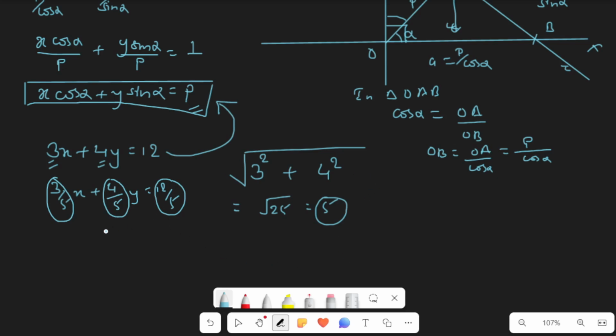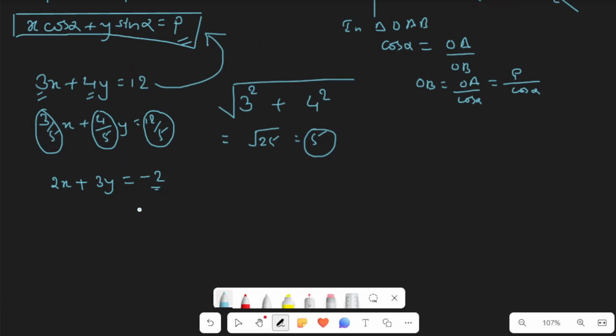Now, let's say, what would be the case if we had a negative sign here. Now again we take 2 square and 3 square and take the root. This is 4, this is 9, this is root 13. Now see, if this is negative, the perpendicular length can never be negative. So we take negative root 13.